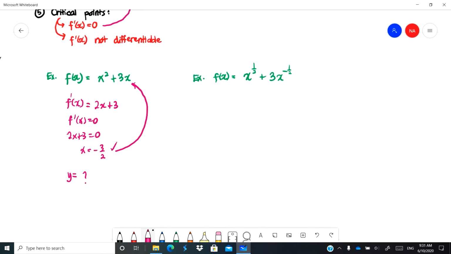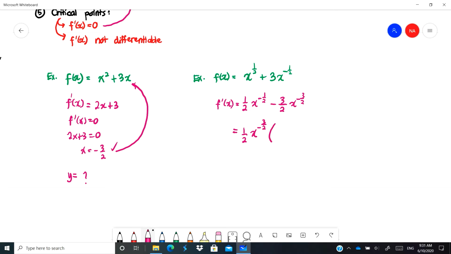Let's look at the second example here. If we have this function, I differentiate this and we get half of x to the power -1/2 minus 3/2 x to the power -3/2. Then we try to factorize, maybe I can factorize half of x to the power of -3/2.